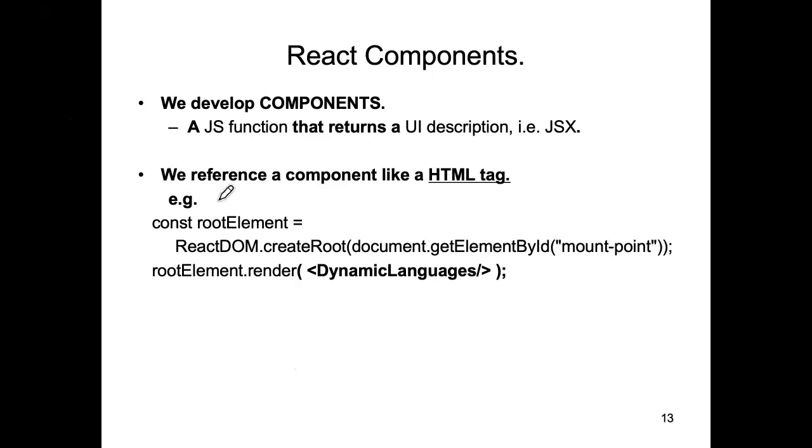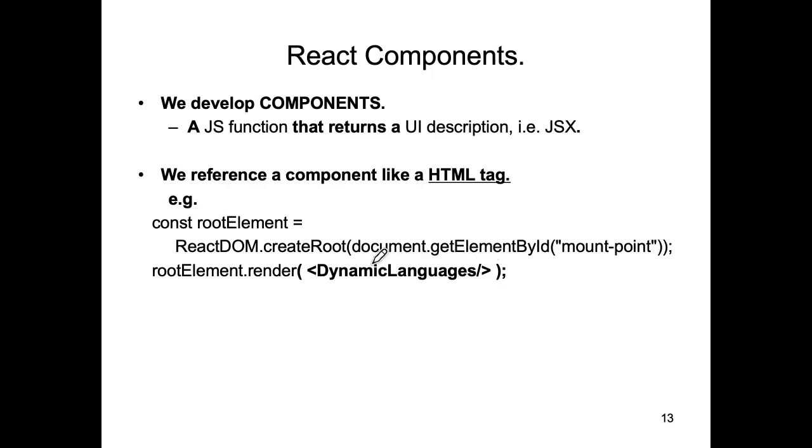We can refer to that component using the HTML-like syntax. In other words, you could think of creating components as extending the HTML catalog of tags available to us. We can create new tags for ourselves, and we can use those tags in the classic HTML way by wrapping them in our angle brackets.